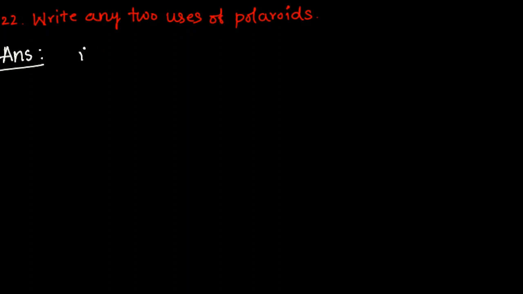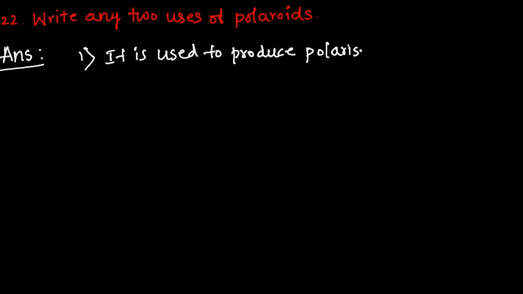The first important use is, polaroid is used to produce polarized light. Second, it is used in window shield.